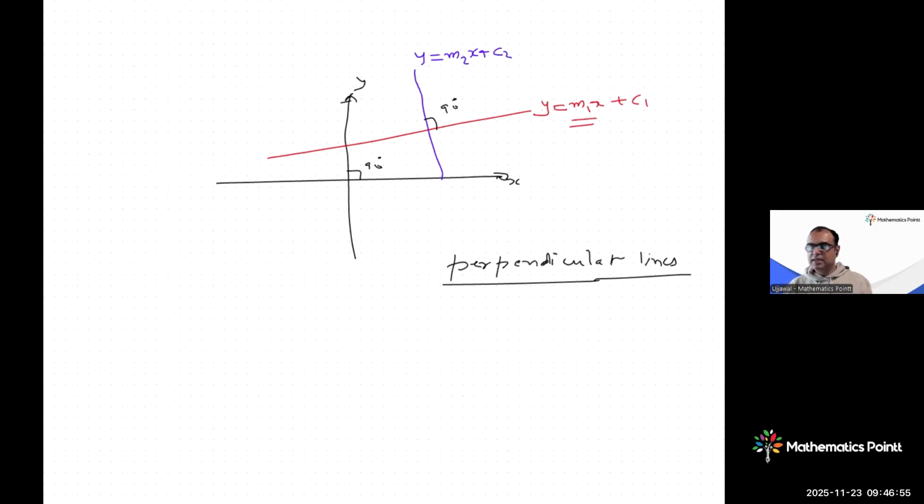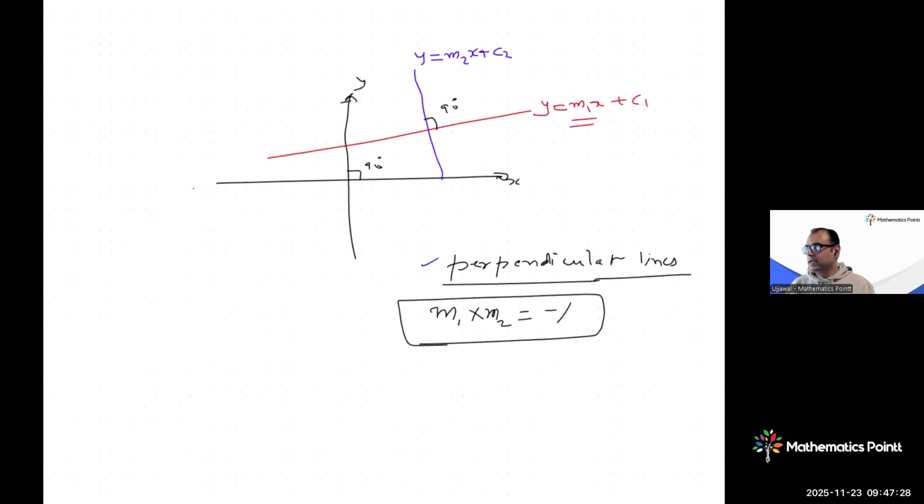The formula I'm giving you now is very, very important. When you have two lines which are perpendicular to each other, the product of their slopes is always -1. Just remember that. When you multiply their slopes, you will get -1.